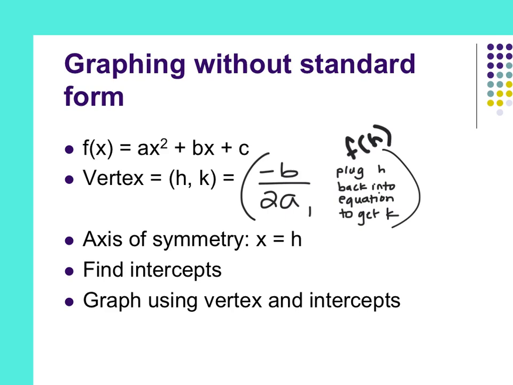So negative b over 2a gives you h, and then take that, plug it back into your equation, and that's your k. And then everything else is the same after that. Your axis of symmetry is x equals h. You can find your intercepts keeping it in quadratic form. And then use your vertex and your intercepts or any additional points you need to plot the rest of your graph.